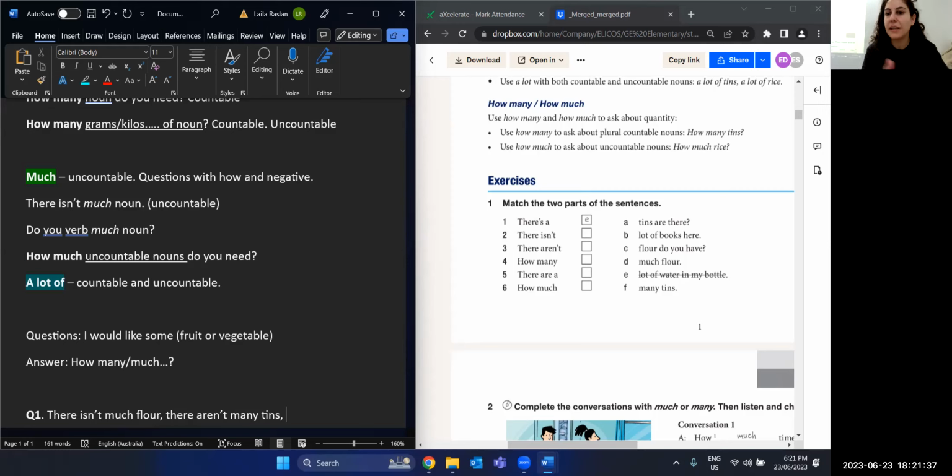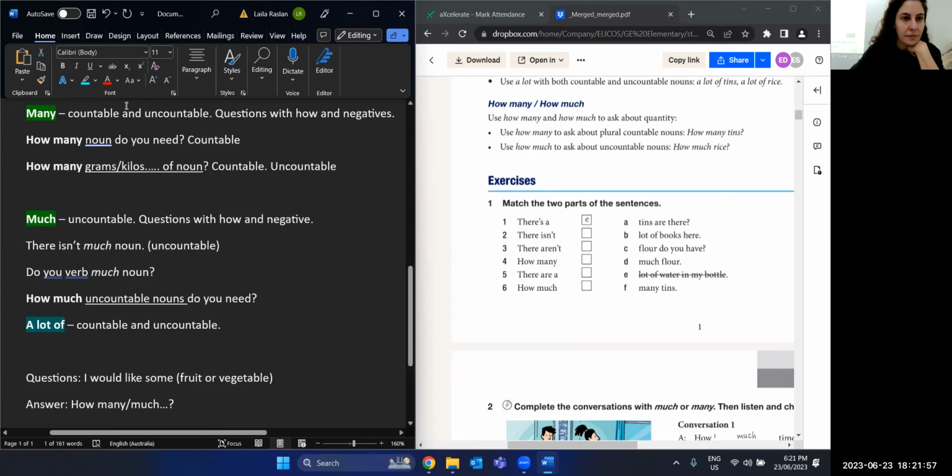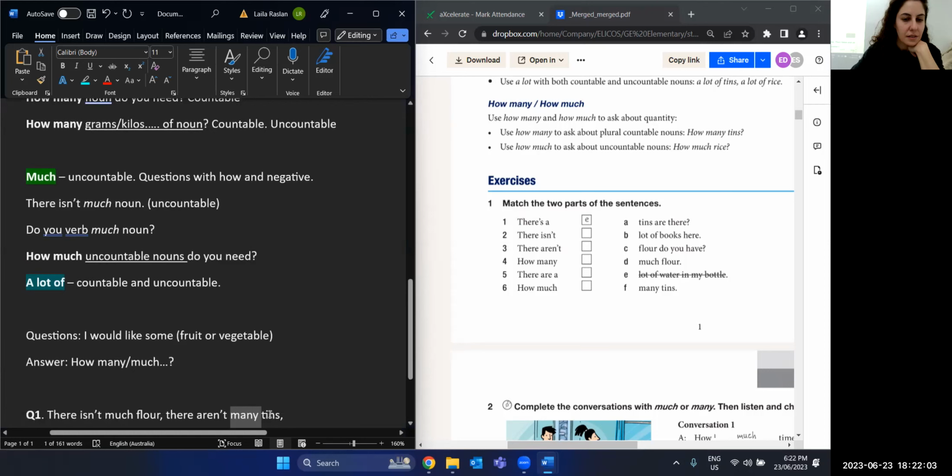Really, it should say there aren't many tins of sardines, or tins of tuna. Because the tin is just the container, but of what? Tins of tuna. But there aren't many. So we know we use many with the tins of.